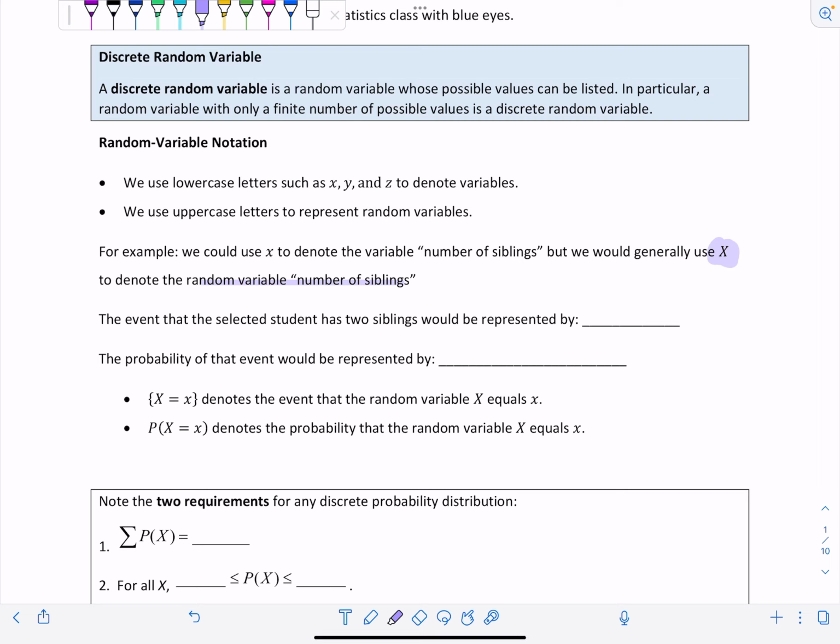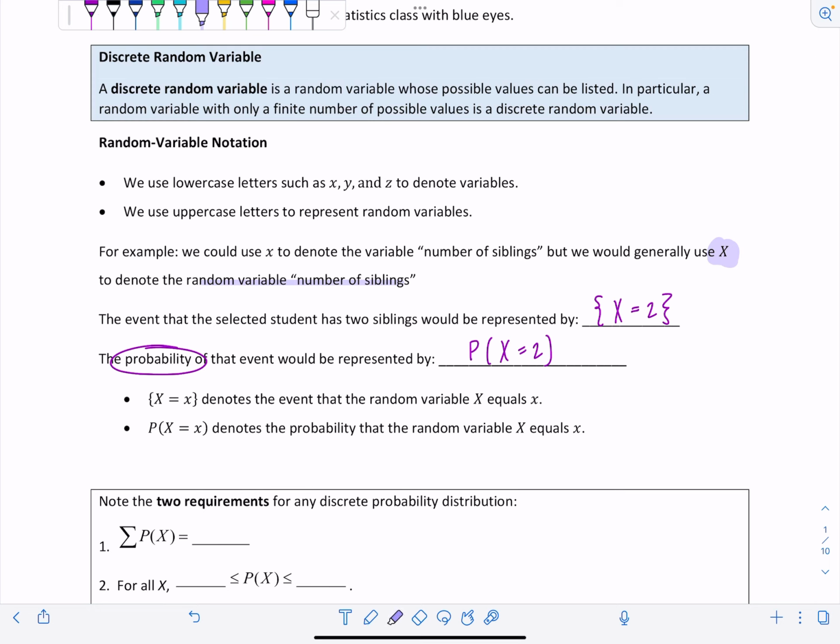And here's how we would use the appropriate notation. If you want to describe the event that a selected student has 2 siblings, you would use braces, these squiggly things, and 2 siblings means capital X is equal to 2, all right? And then if you want to describe the probability of that event, then you just slap a P on the outside, switch to parentheses now, still capital X equals 2.